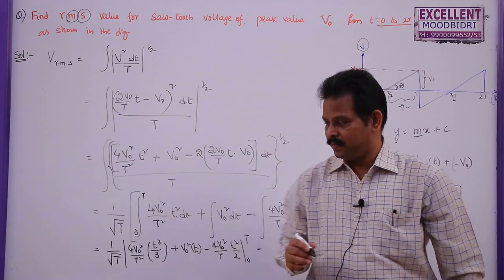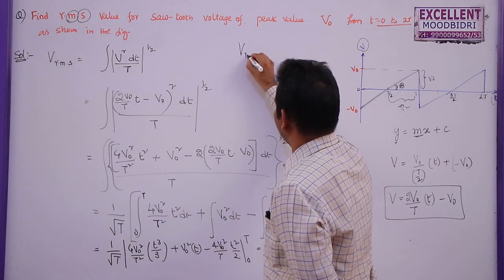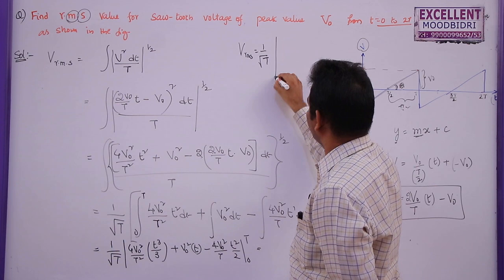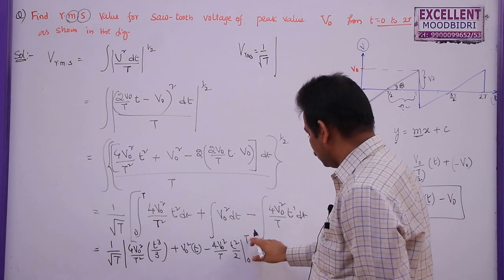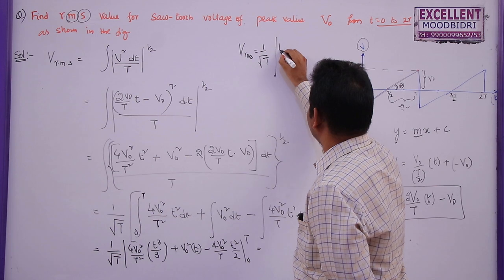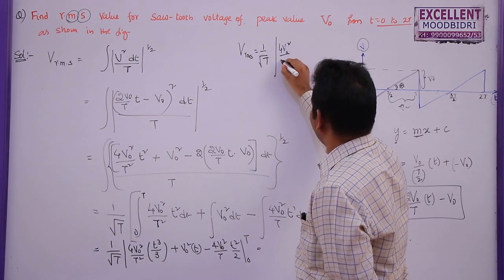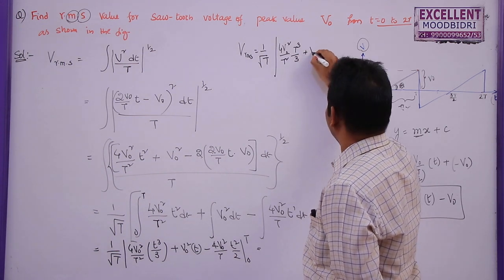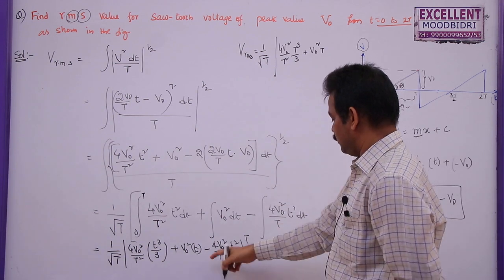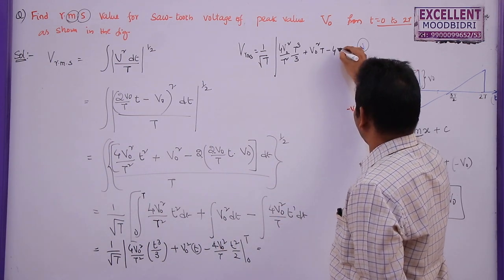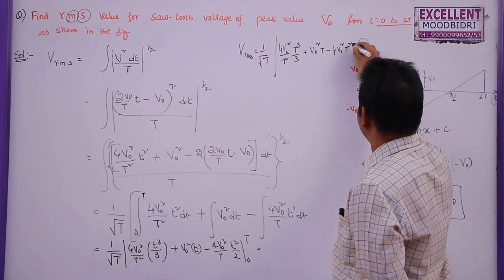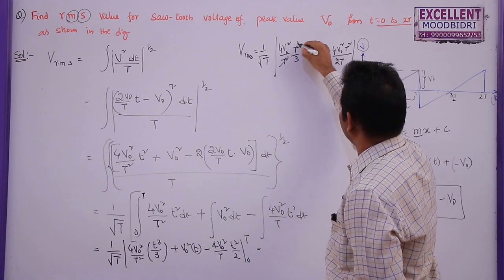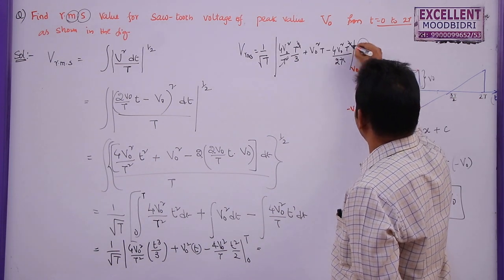So Vrms is equal to, this value is common, 1 by root T. Now if you substitute T here instead of small t, directly I am writing 4 V0 square by T square into T cube by 3 plus V0 square into T minus 4 V0 square T square by 2T. Now this T square and T cancel, this T and T cancel.